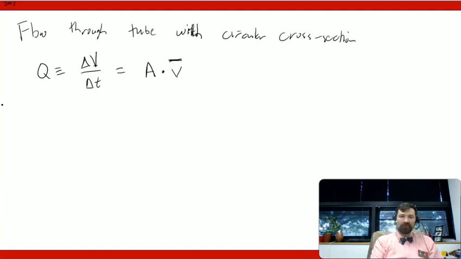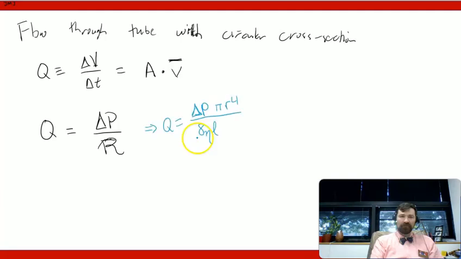The other way of looking at it is through Poiseuille's theorem. Q should be the pressure difference between the ends of this tube or pipe divided by the resistance to flow. For a circular cross-section that gives us the pressure difference times pi times the radius to the 4th power of the tube, divided by 8 times the viscosity times the length of the tube.